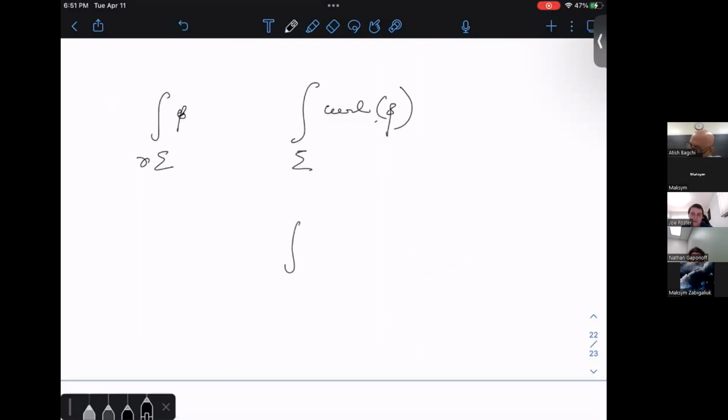That is, the divergence of a vector field integrated over a volume is the same as the integral of beta over the boundary of the volume.